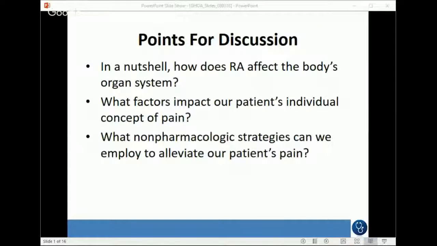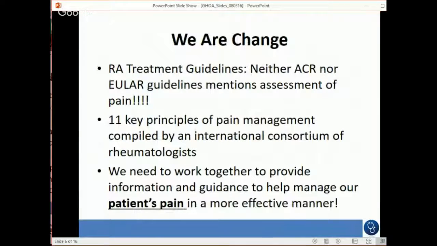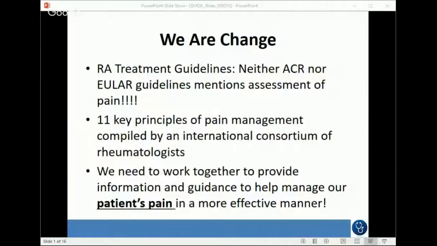So looking at our next slide, we're going to talk a little bit about how RA affects the body's organ system, what factors impact our patient's individual concept of pain, and what else can we do besides just give pain pills. There must be more to it than that. If you look at our next slide, we're it, you guys. If you look at ACR or EULAR, in the guidelines there's no mention of pain in management.